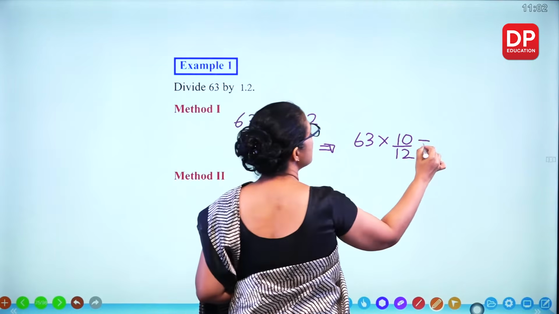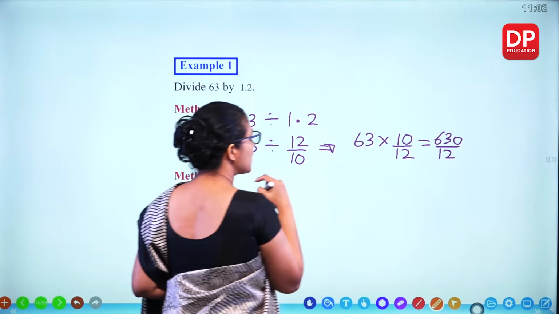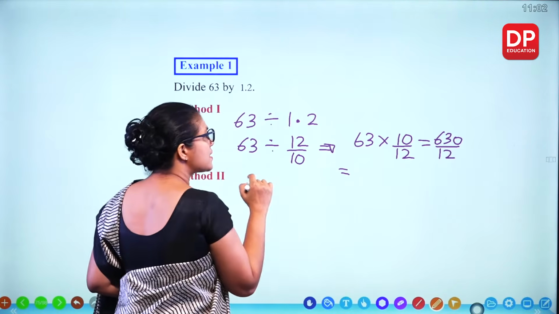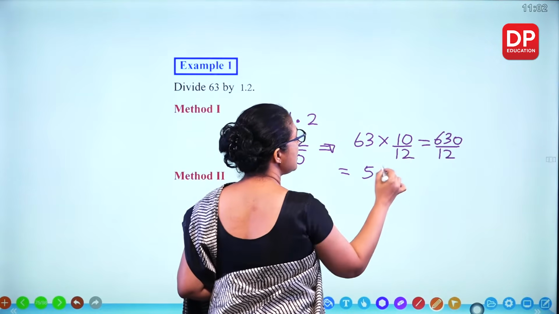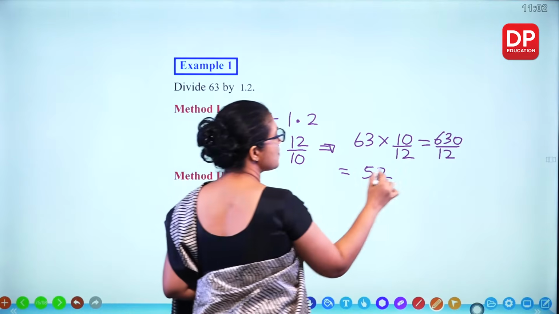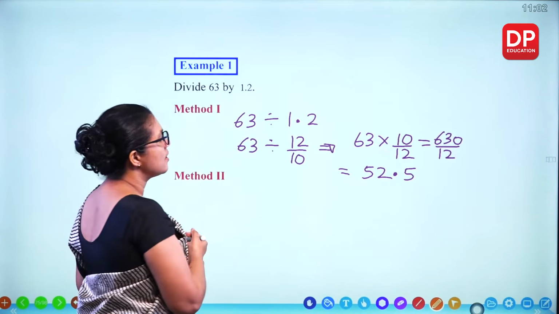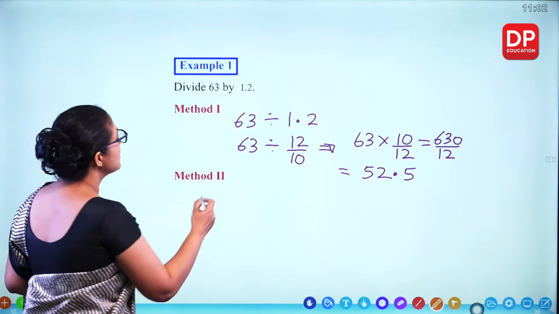So you get 630 divided by 12. So what's the answer? 12 times 5, 60. For 30, that's 2, 24. Again 60 comes, so 12.5. So you get 52.5.